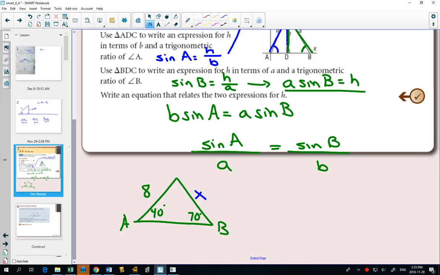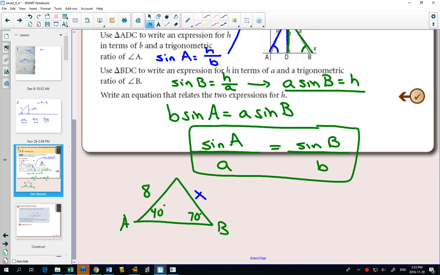With the new rule that we found right here, all you would need to do is say that sine of 40 degrees over x is equal to sine of 70 degrees over b, and b is equal to 8. And then you use algebra to rearrange that to get x by itself. And you'd be able to solve it.